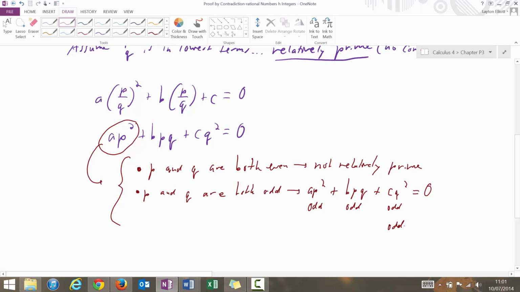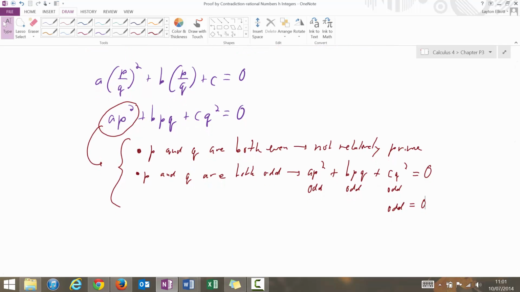We basically have an odd number is equal to 0. Basically an odd equals an even. So that's not true. And I'm going to say the sum is odd. Just off to the side, I just want to write down 0 is considered even. That should be obvious, but for some it's not.